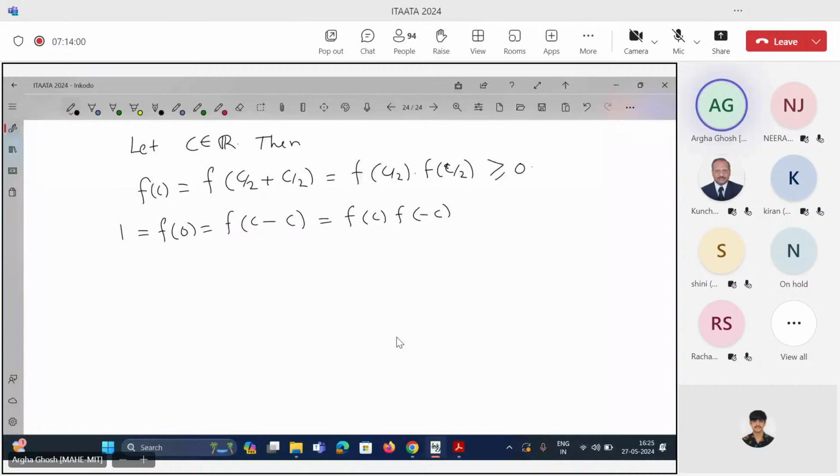So from these two, what we can say is that f of c is always greater than 0. It cannot be equal to 0, because if f of c is 0, then 1 is equal to 0. That is not possible. So from these two it implies that f of c is a positive number. That's the one thing we can say.